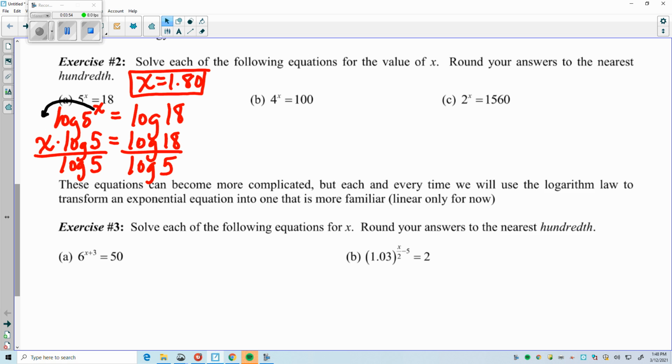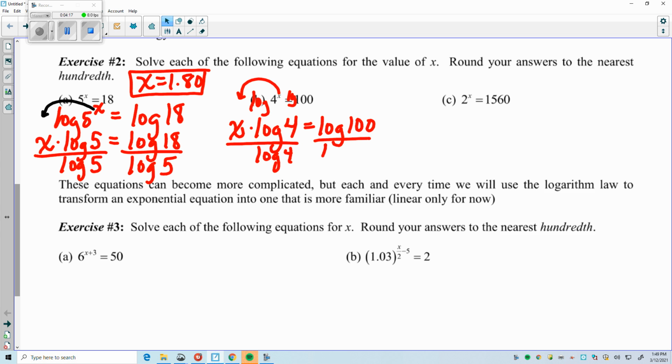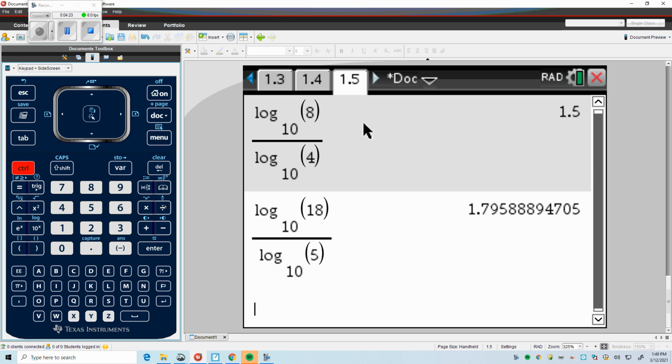Okay, we'll try one more. Same idea. I'm going to introduce a log to each side. So if I were to introduce a log here and introduce a log here, that exponent comes down in front. So I get x times log of 4 equals log of 100. And if we divide through by log of 4, so again, grab our calculator, and get a fraction template.